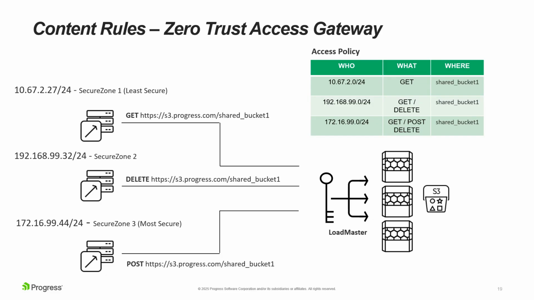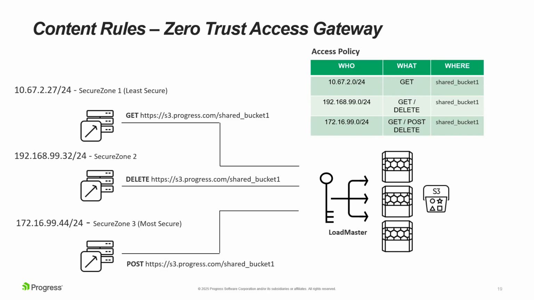So you had these security zones defined by subnet. The one at the top was in the least secure zone, moving down to the bottom as the most secure. All of these applications across all of these zones needed access to some shared S3 buckets.